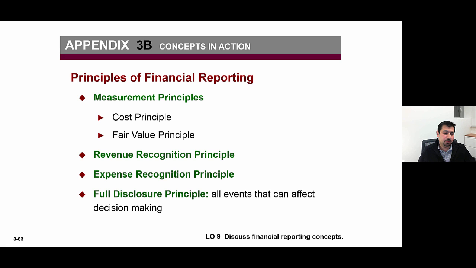And here we also talked about the measurement principles in previous chapters. We talked about the cost principle, that companies are required to initially record the assets at cost. This is the cost of acquiring a certain asset, and then in subsequent accounting periods they continue to report it under cost.